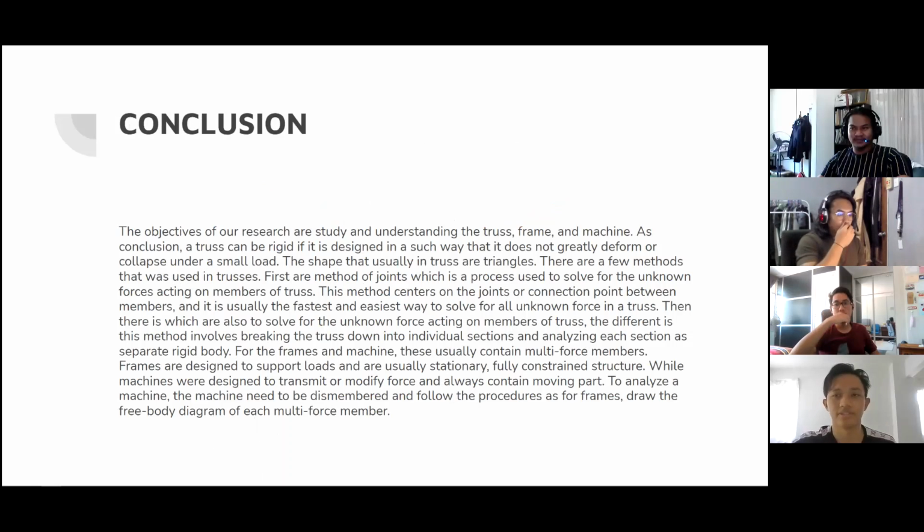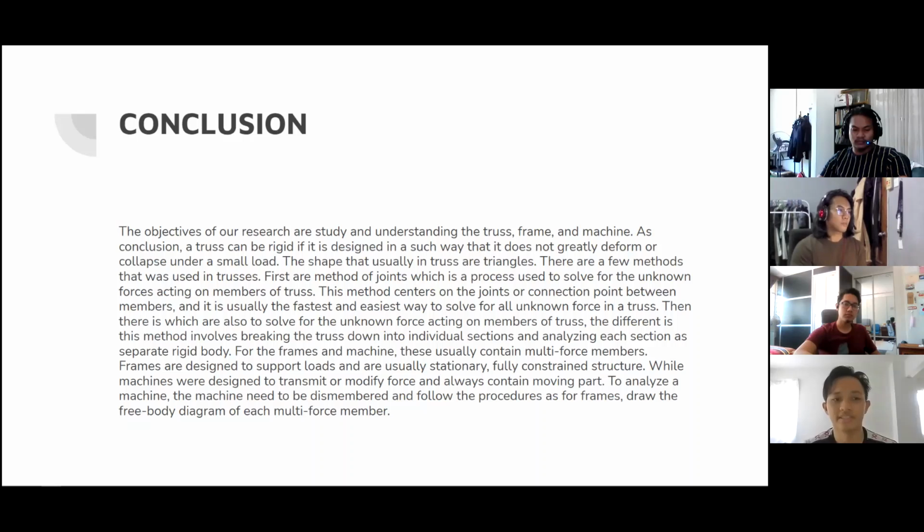Okay, so the conclusion of today's presentation, the objective of our research based on the knowledge that we gain, is that trusses can be rigid if designed in such a way that they do not greatly deform or collapse under a small load. Besides that, most trusses come in the shape of triangles.